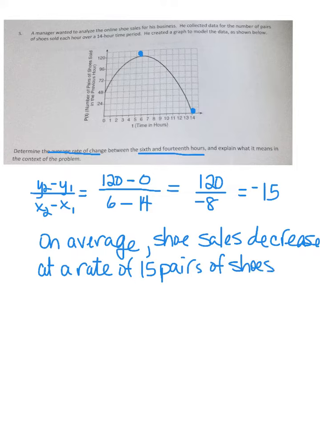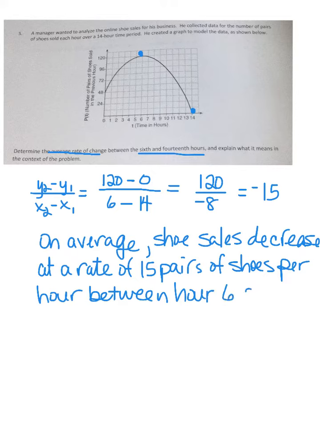And our time is in hours, right? So per hour. And we need to be specific as to what time frame we're referring to. So that would be between hour 6 and hour 14.